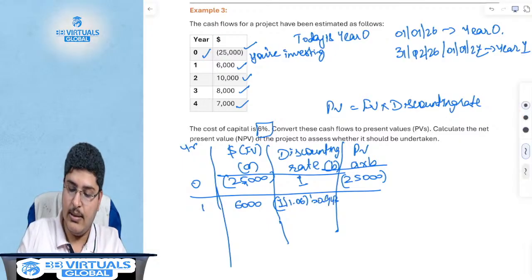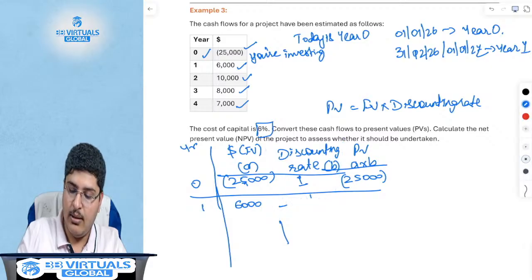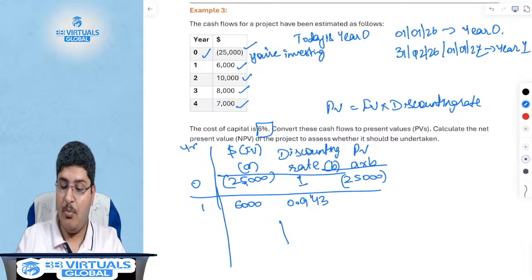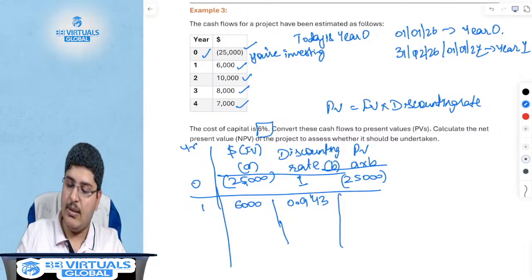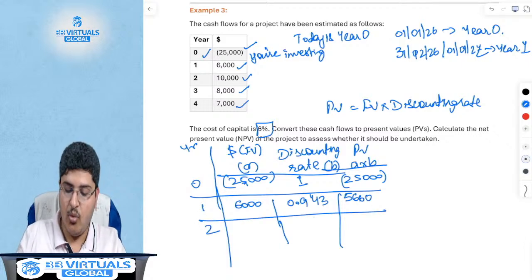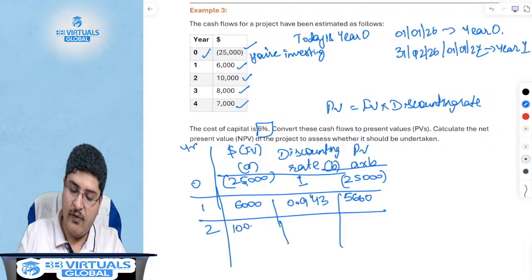This is 0.943. So what will your present value of the 6,000 be that you will be receiving in year 1? It will be 0.943 into the 6,000 rupees, which is 5660.